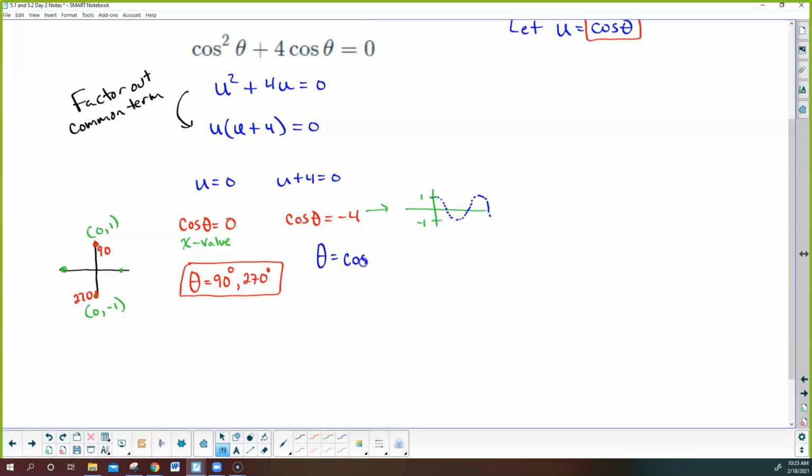Another way to check that is if you just grab your calculator. I believe it says undefined. It might just say error. Well, let's just check that.